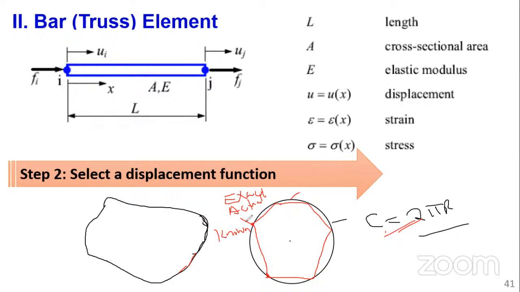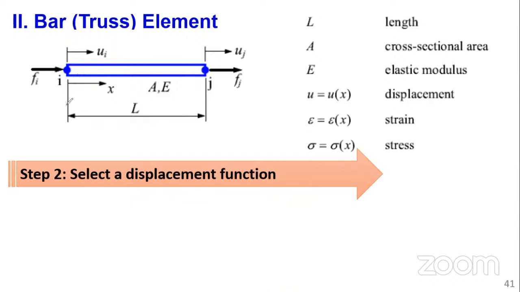But to be able to interpolate, we need to know how is the variation from this node to this node of whatever quantity that we want to determine. Let me now go back to our question at hand here. We are saying our element is, let's assume it's fixed here, and then we apply the force capital F here, external.